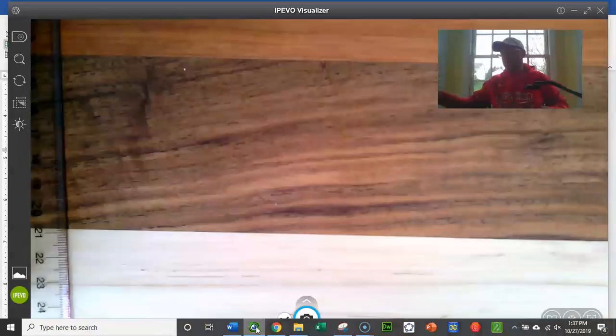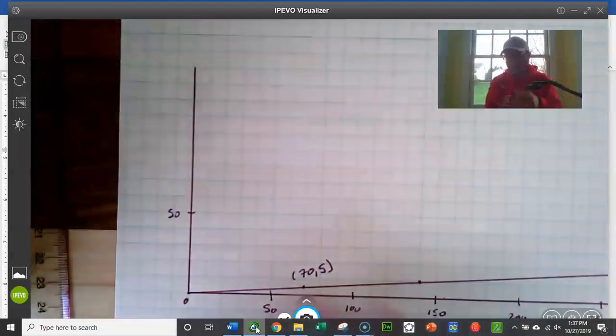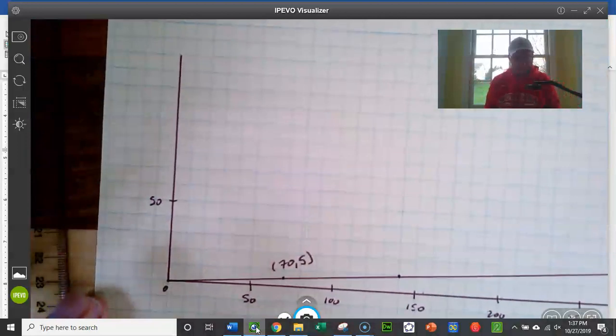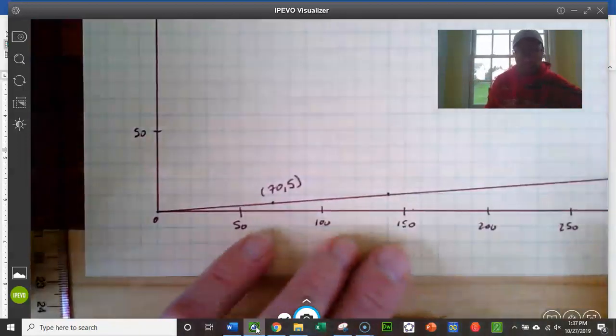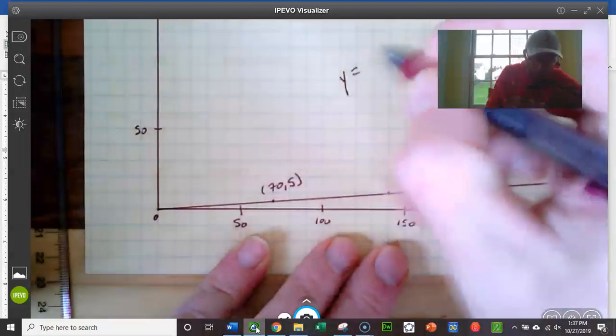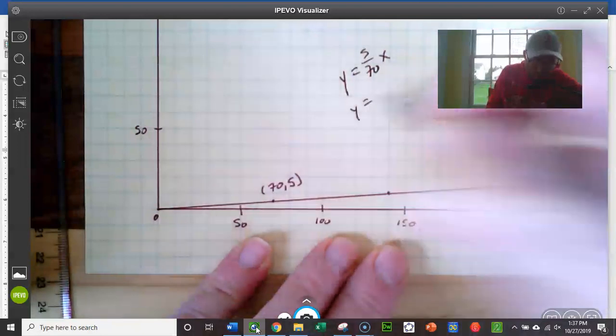Okay, next up, the shadow. Oh yeah, here we are. So our equation here is y equals 5 over 70x.